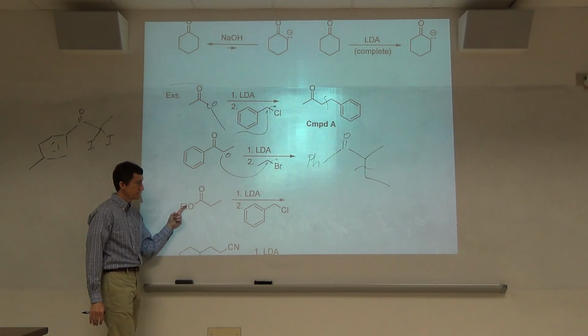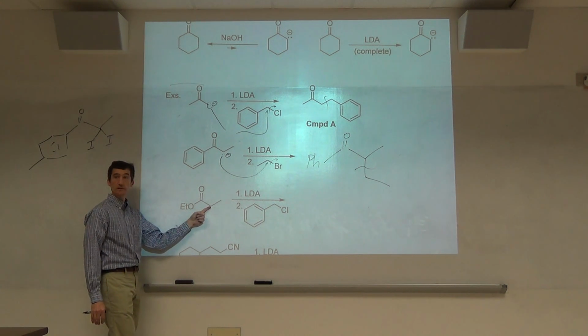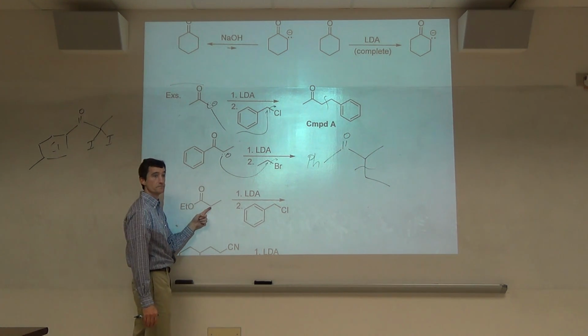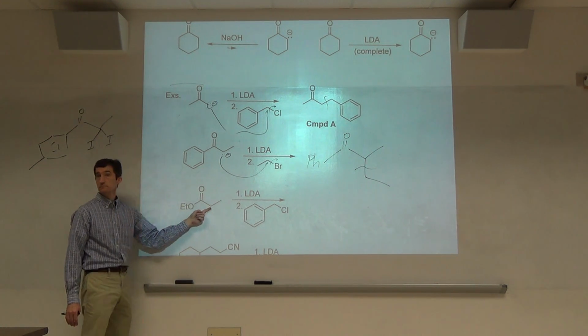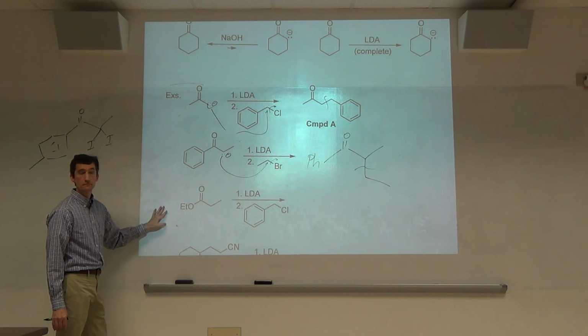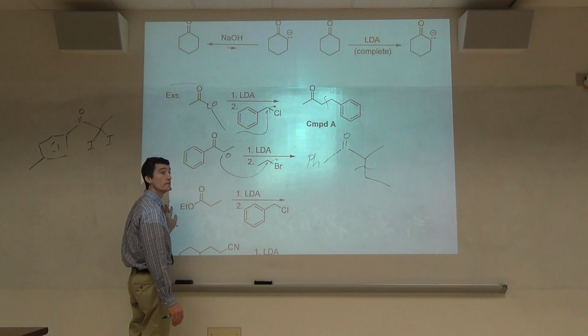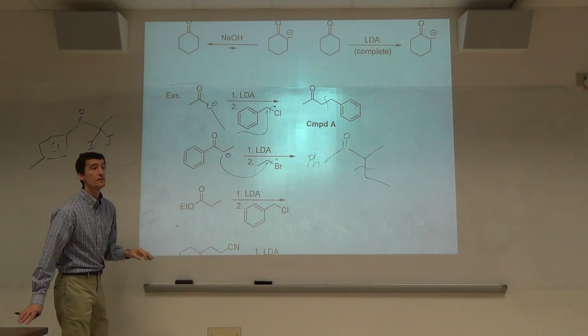What's next? That's not a ketone, that's an ester. Does it have an acidic proton? Yes. It's not as acidic as ketones, so what's the pKa of an ester? Five? That's quite acidic.